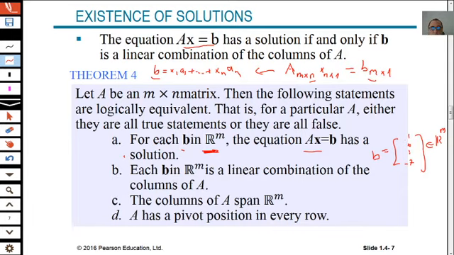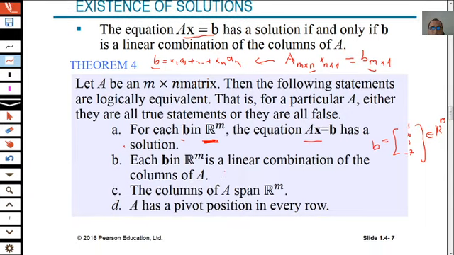So each b in Rm is a linear combination of the columns of A, and the columns of A span Rm, because for each vector in Rm we write a linear combination. This equality is valid for all vectors in Rm.